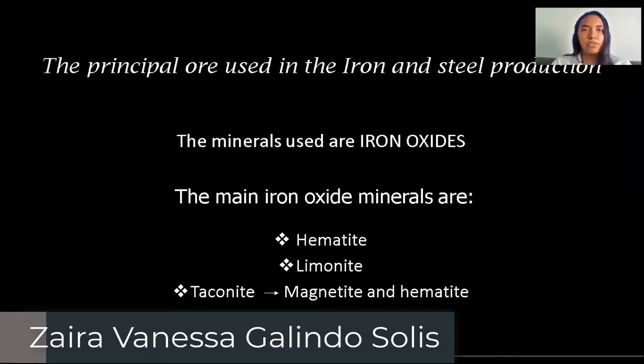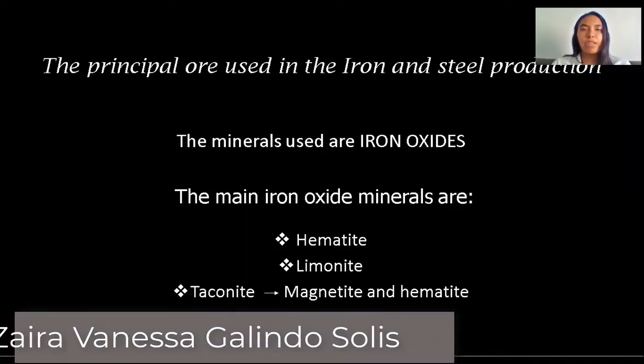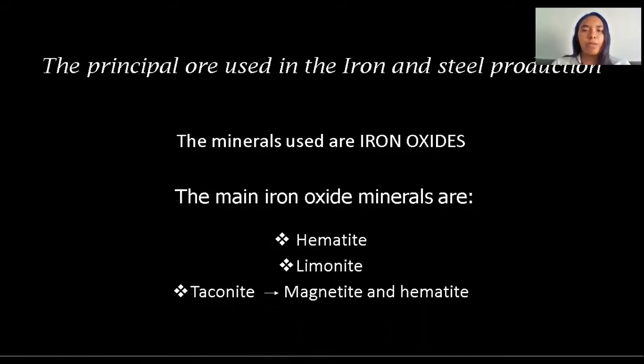The principal ore used in iron and steel production. The minerals used in the manufacture of iron and steel are the iron oxides, which are compounds of iron and oxygen.